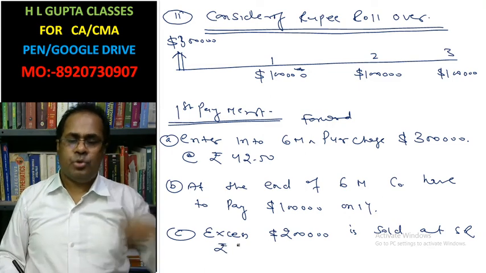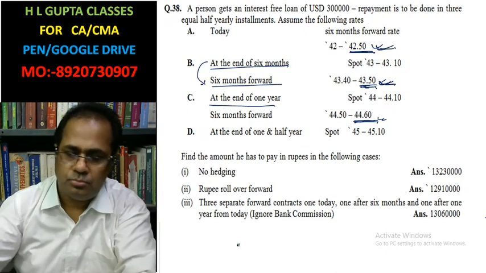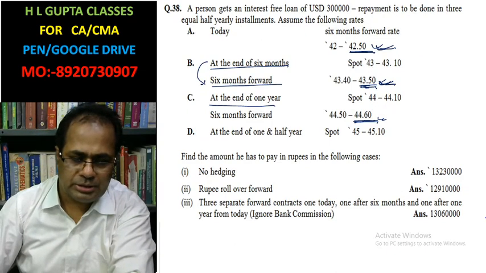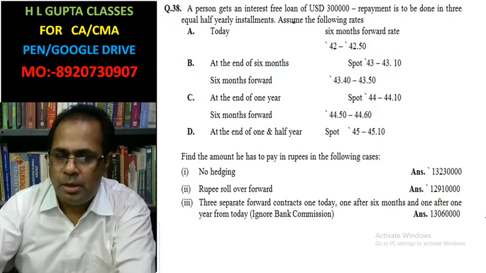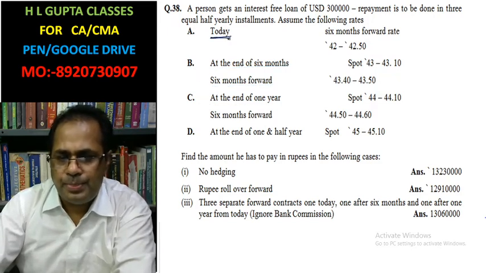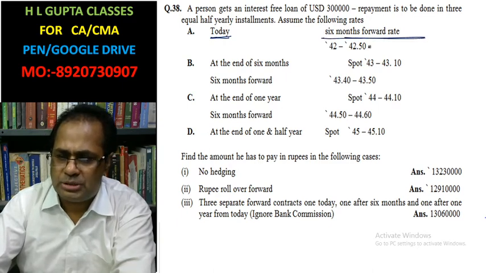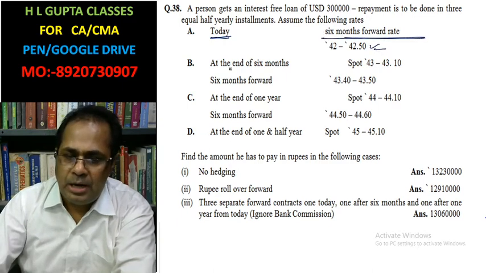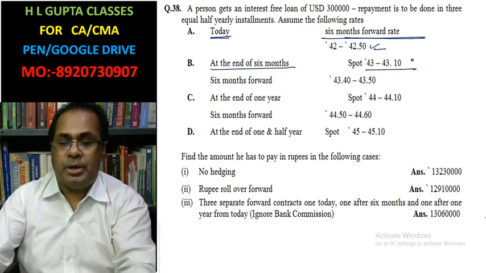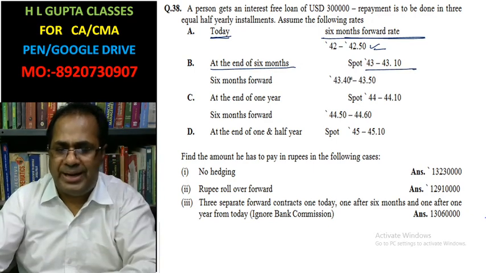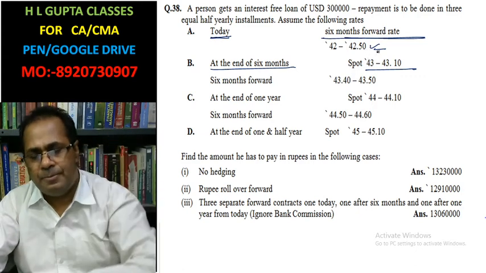What is a spot rate? Please try to understand here. In this case, you enter today for a 6 month forward rate. This is a 6 month forward rate to purchase dollar. At the end of 6 month, the spot rate is this. At the end of 6 month, you have to pay 1 lakh only, but you purchase 3 lakhs.